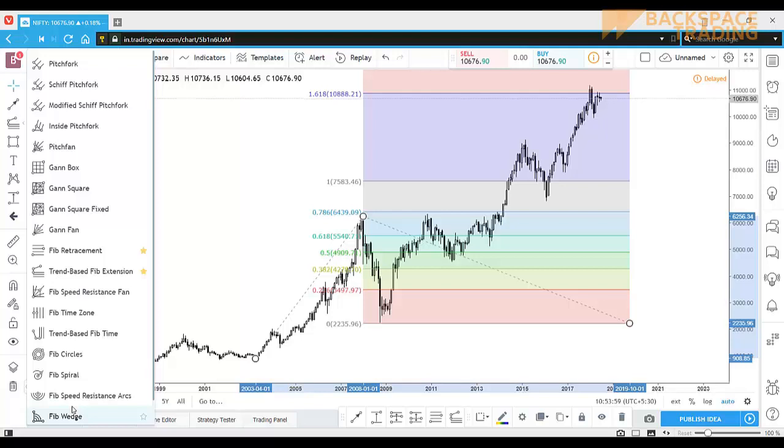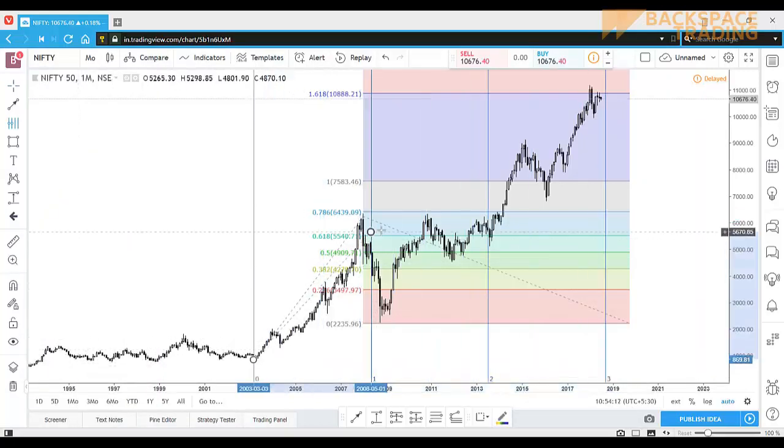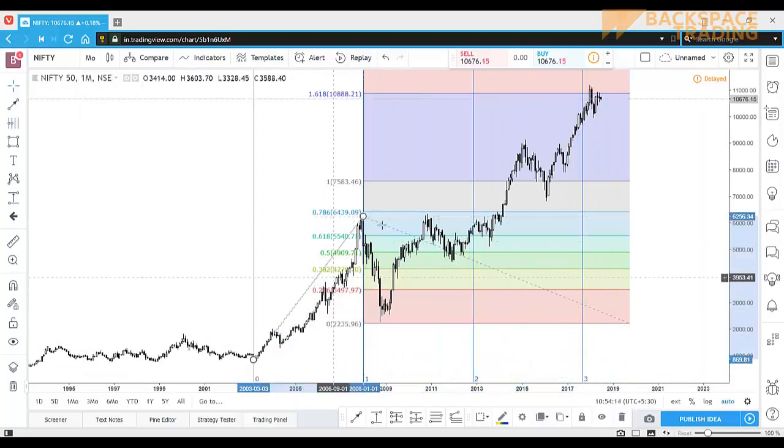Trust me when I say this, there are guys who only trade based on fib retracement, extension, and every other fib tool available on this one. I think fib time zones plot based on time, the time period that it took over here displays over here, something like that.